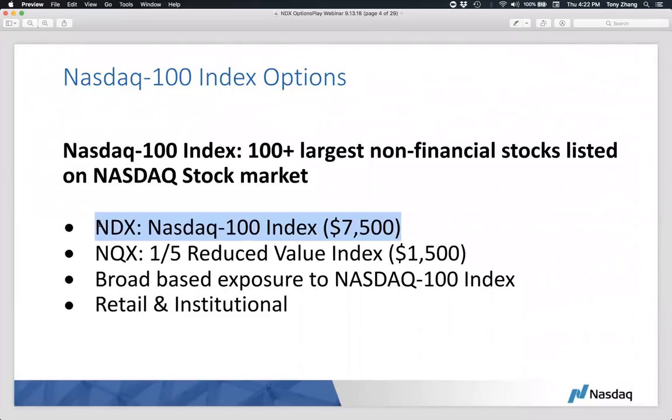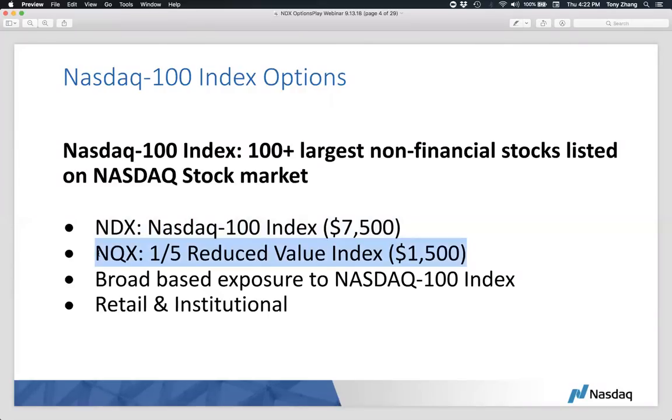So what Nasdaq has recently created to make a smaller notional value index is the NQX, which is a one-fifth reduced value index, which reduces the index value from 7,500 down to 1,500. So it's like trading a stock that's trading at 1,500, a little bit closer to Amazon in terms of pricing. So still a large contract, but better suited for retail.